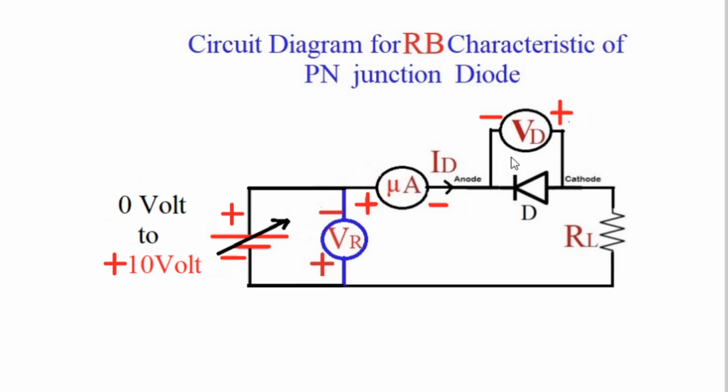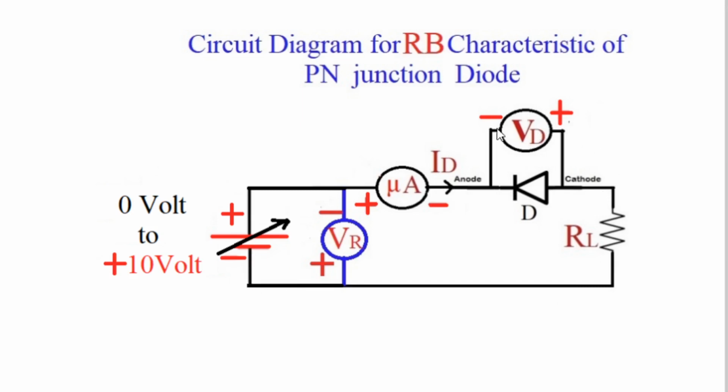But the important part is that the diode is reverse biased. How? The cathode of the diode is connected to the positive of the battery and the anode of the diode is connected to the negative of the battery. The current meter is shown over here, such that the positive of the current meter is to the positive of the battery, and the negative of the current meter is connected through the diode to the negative of the battery.